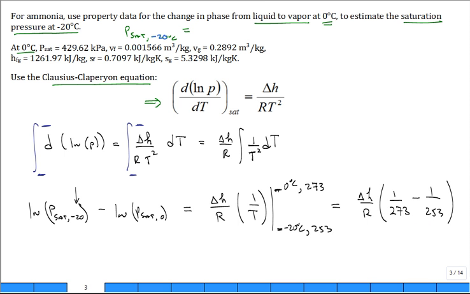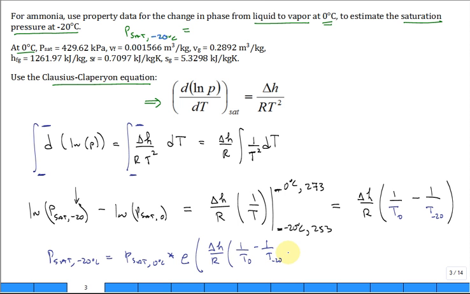All right. So if you want to, the saturation pressure at negative 20 degrees C is equal to the saturation pressure at 0 degrees C times the exponential of delta H divided by R, times 1 over temperature 0 minus 1 over temperature negative 20.